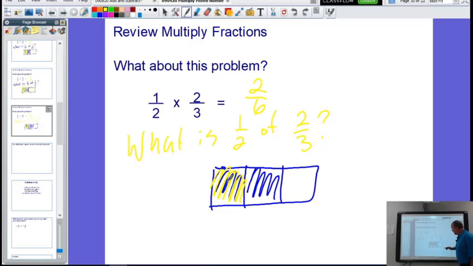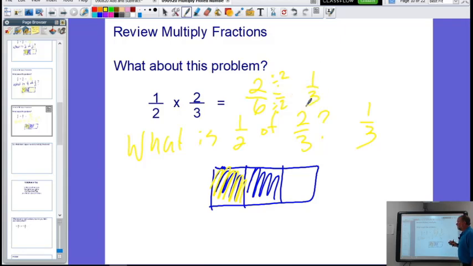So what is that in reference to the whole thing? The whole thing is 1/3. But I thought our answer was 2/6. Oh, if we look at 2/6 and we simplify that, I could divide this by 2, I could divide this by 2, and I still get 1/3 as my answer.